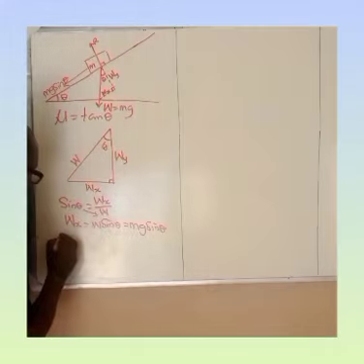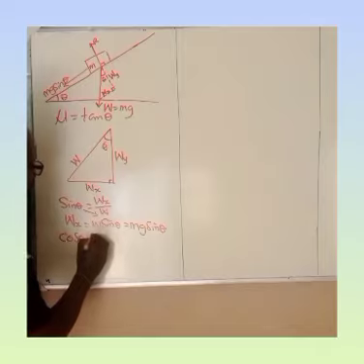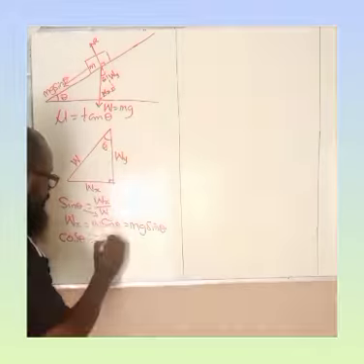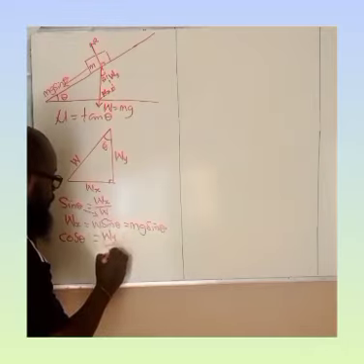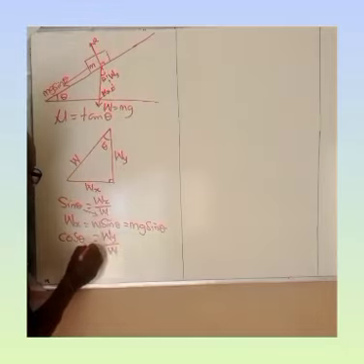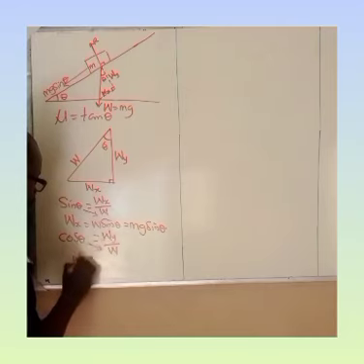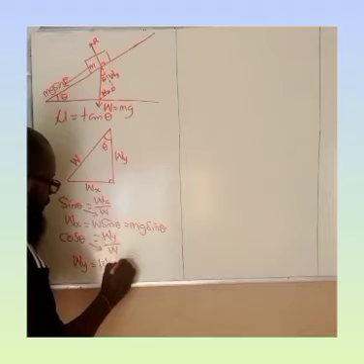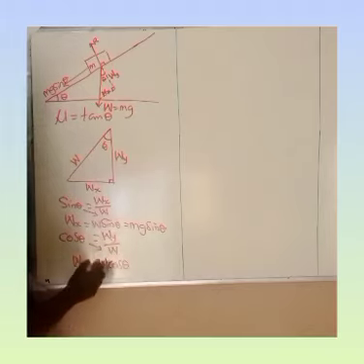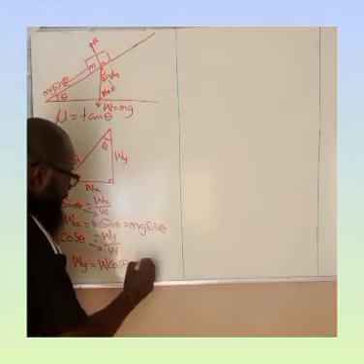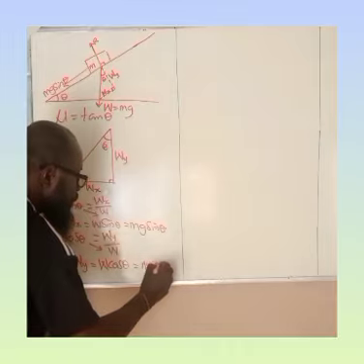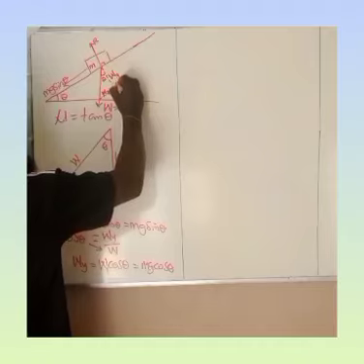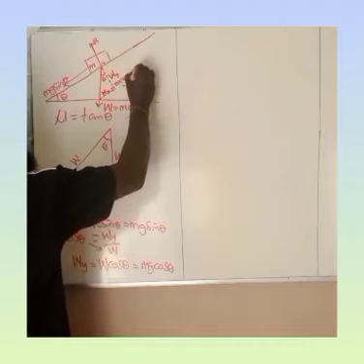From here, we know that cos theta is equal to adjacent over hypotenuse, which is W subscript Y over W. When we cross multiply here, we have W subscript Y is equal to W cos theta. As we all know that W is mg, then this is mg cos theta, which is this one. Here is mg cos theta.